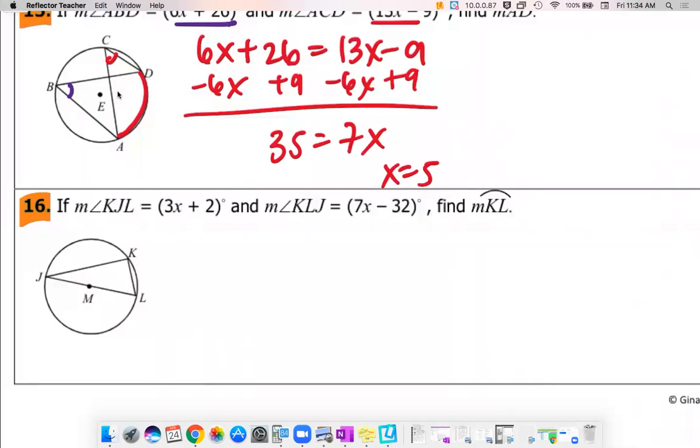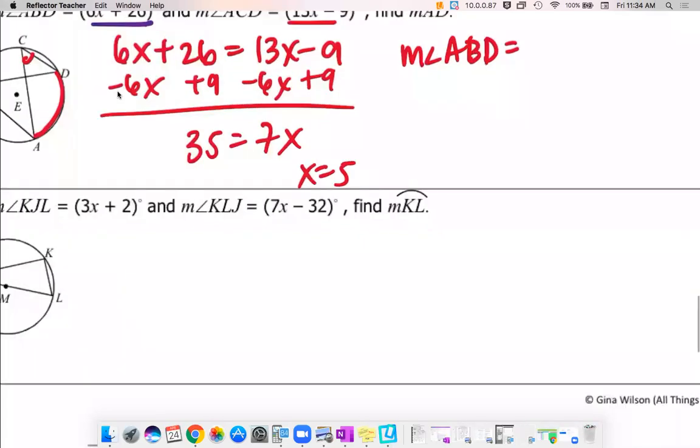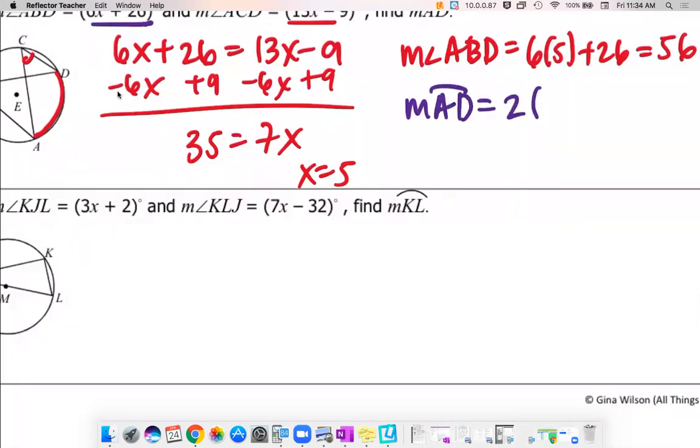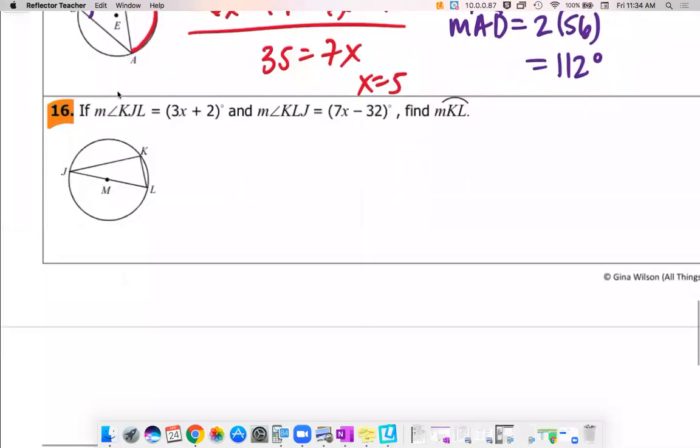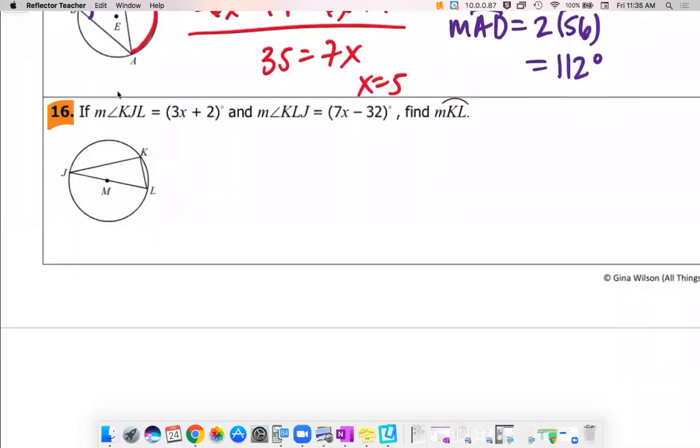So then if I plug it back into one of these angles, so let's say measure of angle ABD is 6 times 5 plus 26, so 30 plus 26 is 56. And then I know my arc is going to be double that. So to get the measure of arc AD, you just do 2 times 56, and you'll get that to be 112 degrees.